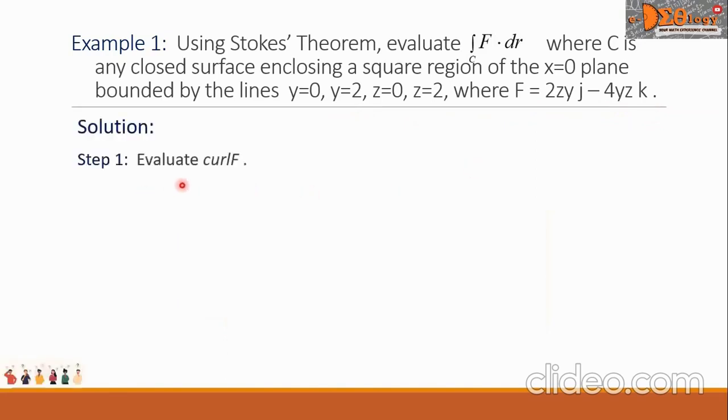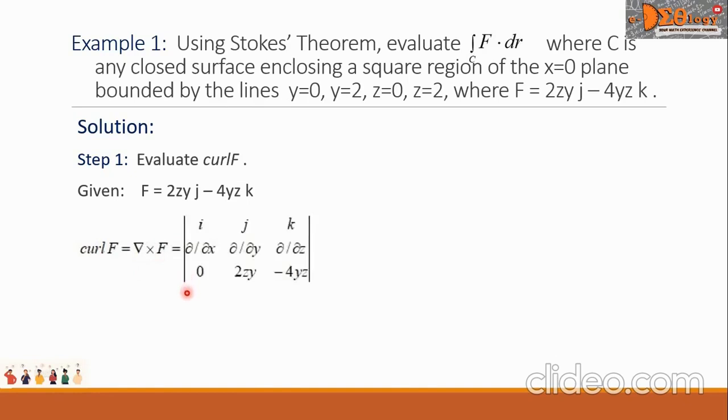Our step 1 here is to evaluate curl F. Given is the vector F equals 2zy j minus 4yz k. For the curl F, this is equal to del cross product capital F. And this is equal to the 3 by 3 matrix. The first row are the components i, j, k.